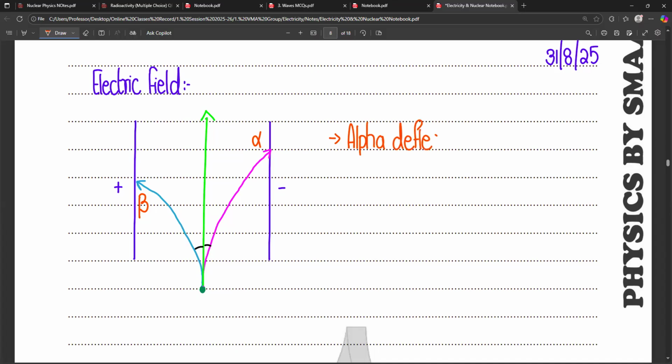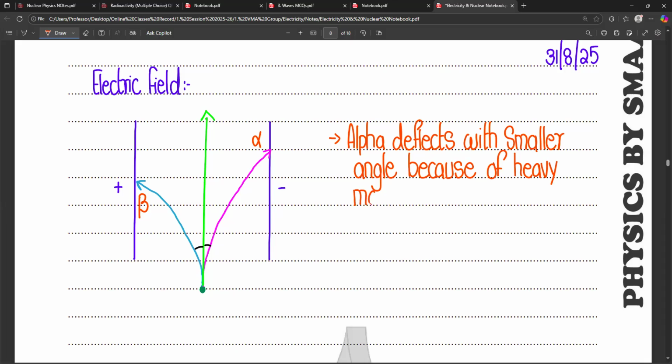So alpha deflects with a smaller angle because of heavy mass. Or we can say because of greater mass than beta.